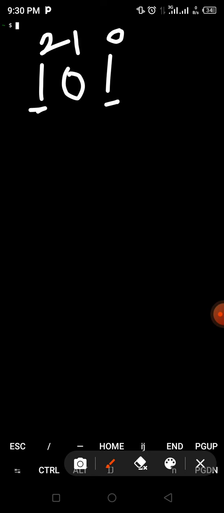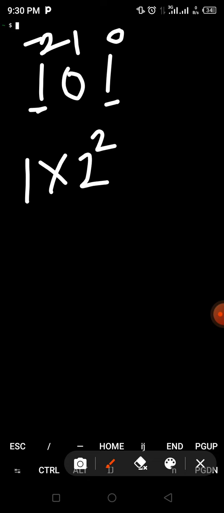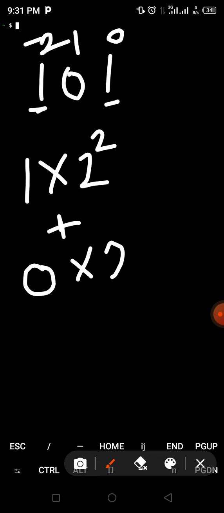So from this first one, I'm going to have 1, times, because it is in base 2, 2 raised to the power of what I've written up here, which is 2. Plus the next one, which is 0, times 2 raised to the power of 1.